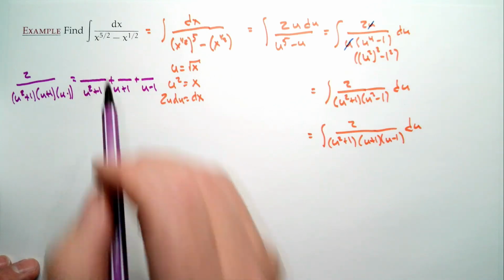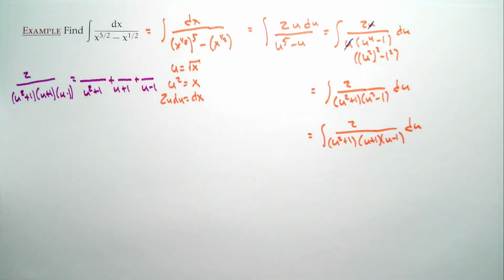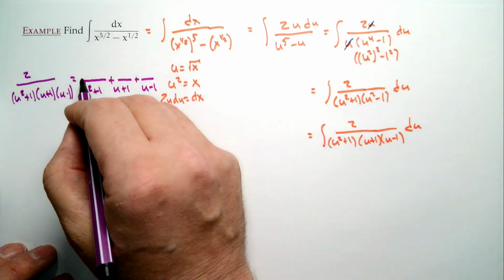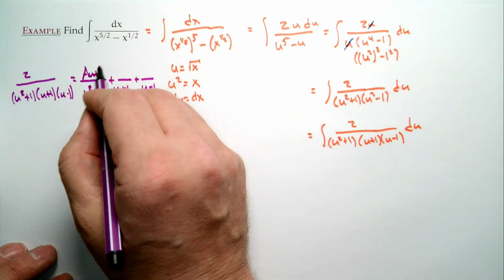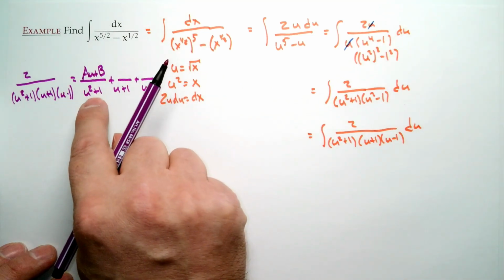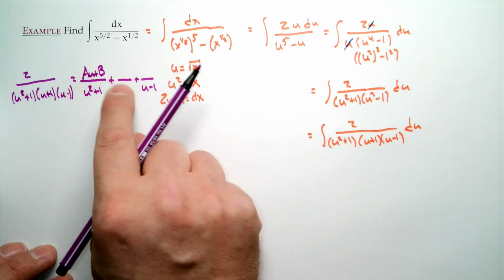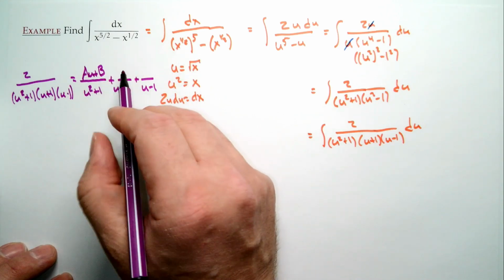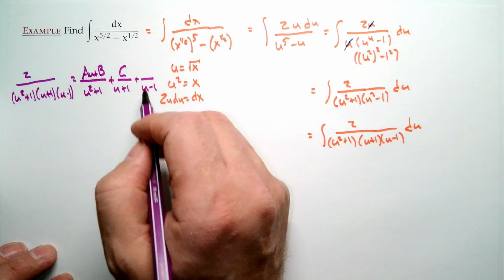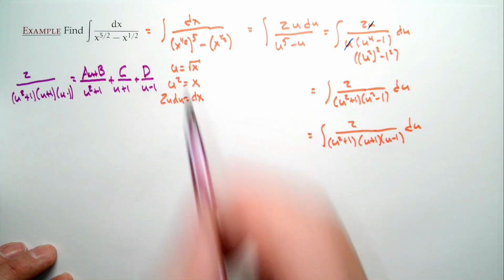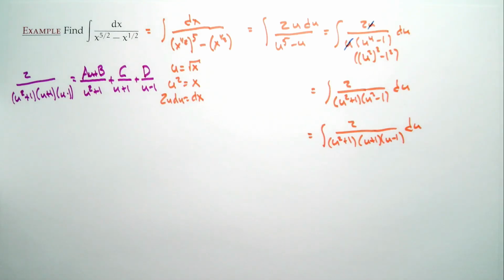What goes over the u squared plus 1? Yeah, it's going to be au plus b. So remember, if it's an irreducible quadratic, you have to have two pieces. Over the u plus 1, c, and u minus 1, d. So that means we've got to solve for a, b, c, and d.